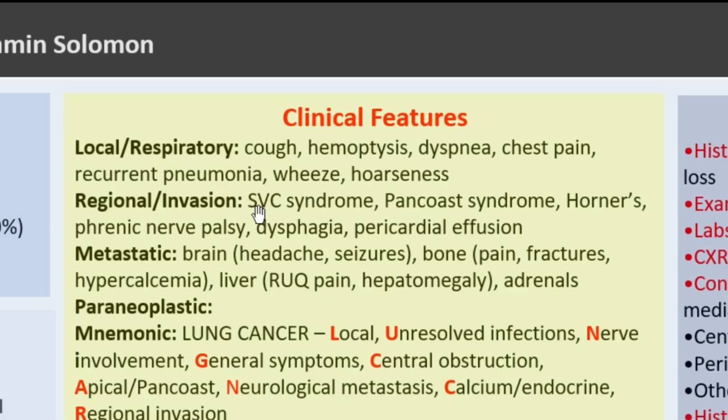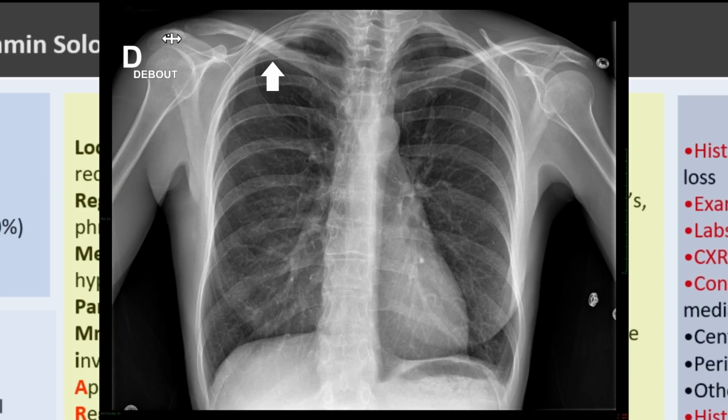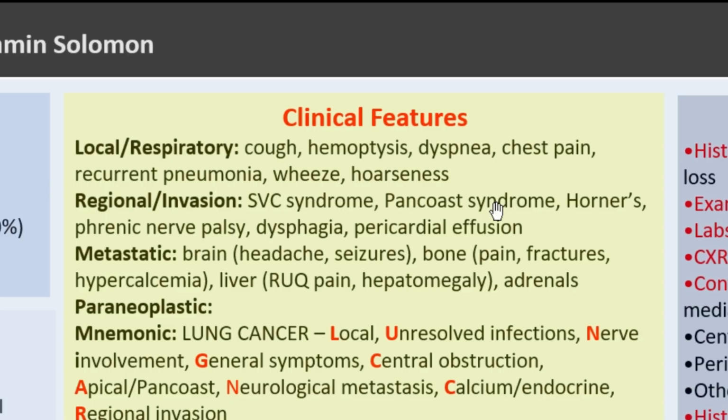Then we have the Pancoast tumor, which occurs towards the apex of the lung. As you can see on this x-ray, when it occurs in the apex of the lung, various structures pass there. One is the stellate ganglion, which provides the sympathetic supply to the eye.